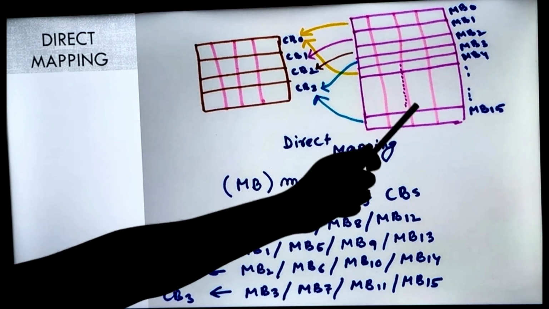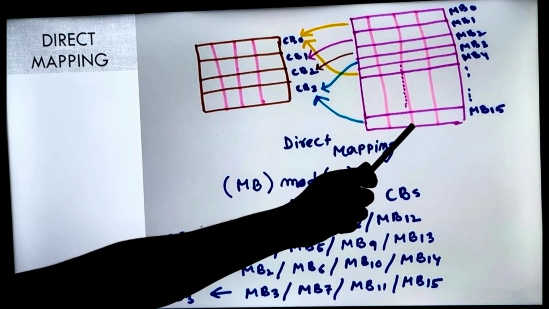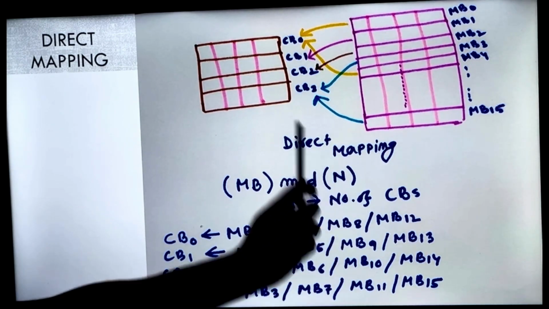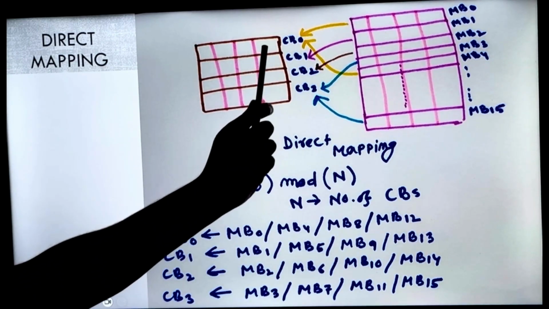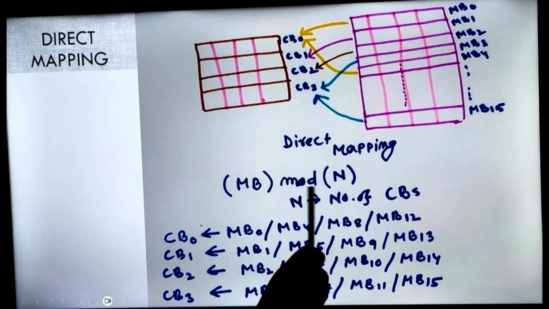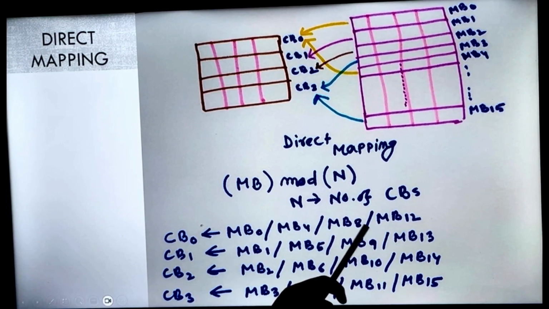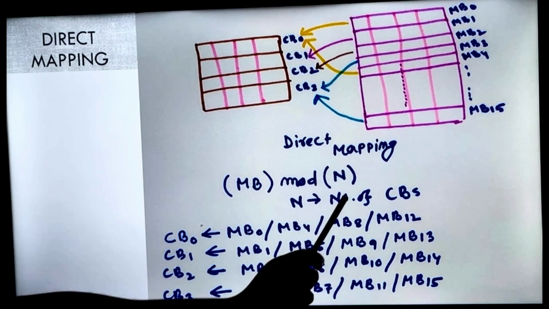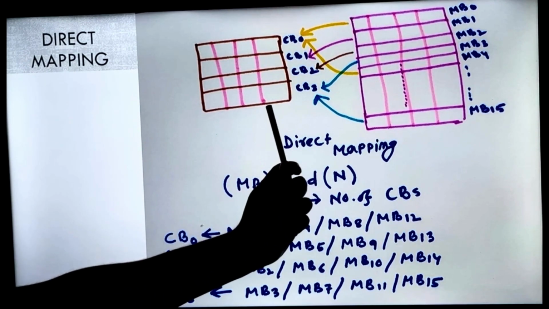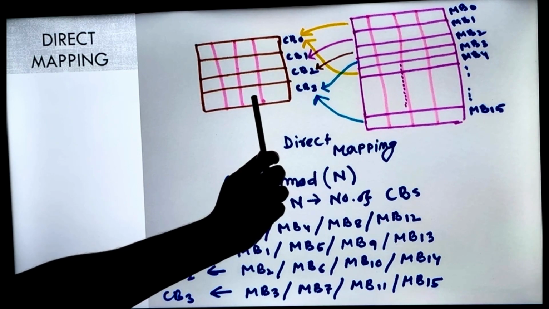Suppose I want memory block 15 and I want to know where to put it. So MB is 15 mod n, where n is the number of CBs, which is 4. 15 mod 4 equals 3, the remainder is 3. So I know that this MB15 shall be copied to CB3 only, not in any other place.